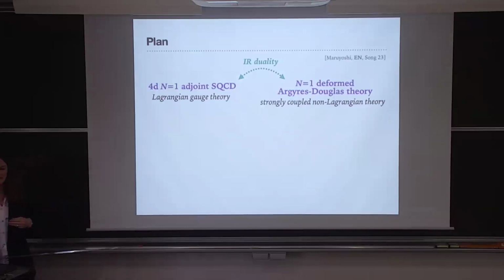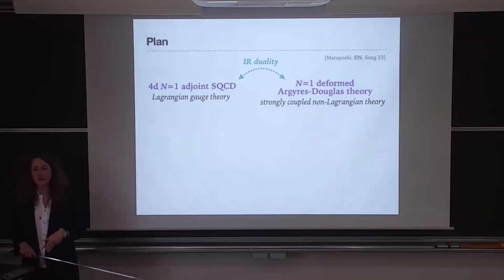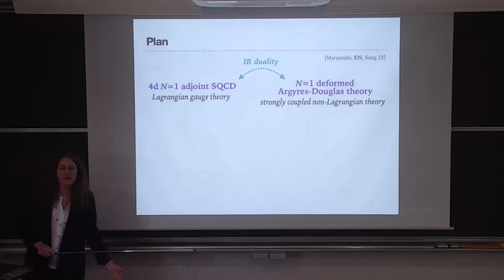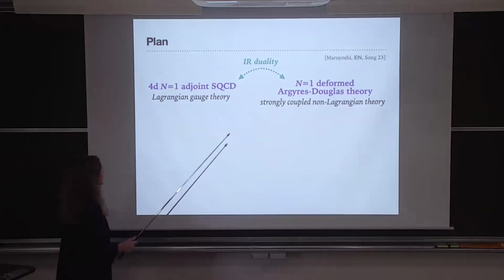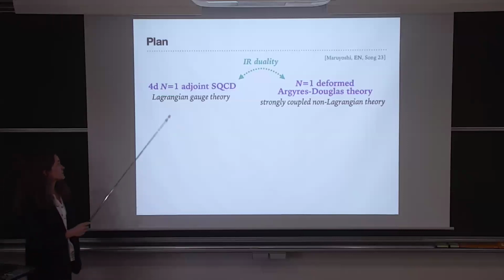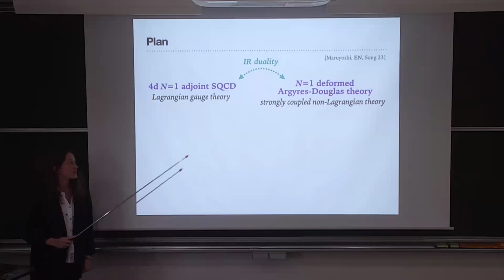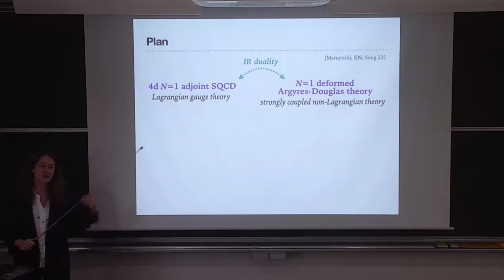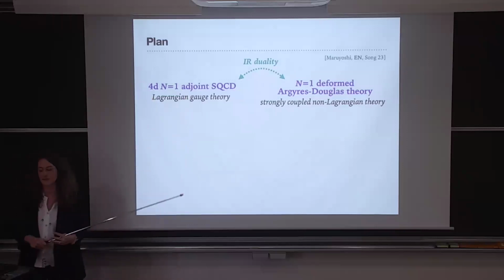So with that being said, the plan for the rest of this talk is I'm going to explain to you a proposed duality of this type that my collaborators and I discussed in our paper that relates, on the one hand, a Lagrangian gauge theory, which is basically an N=1 supersymmetric version of QCD plus some extra matter content. I'll tell you next more details about this left-hand side of this duality.